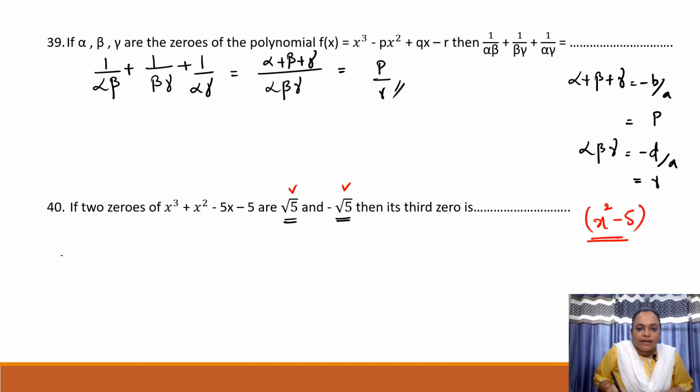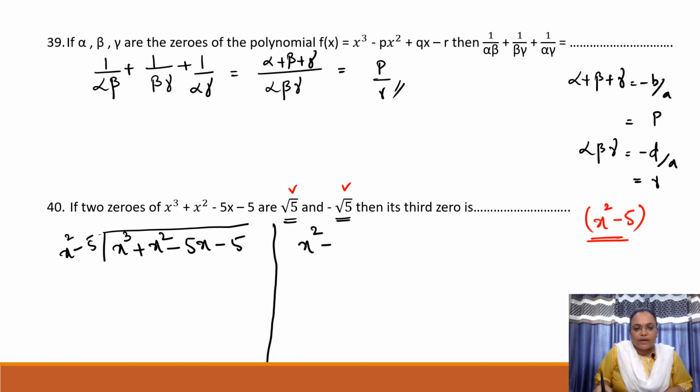So, if we divide x cube plus x square minus 5x minus 5 by x square minus 5, the first term is x, that is x cube minus 5x.